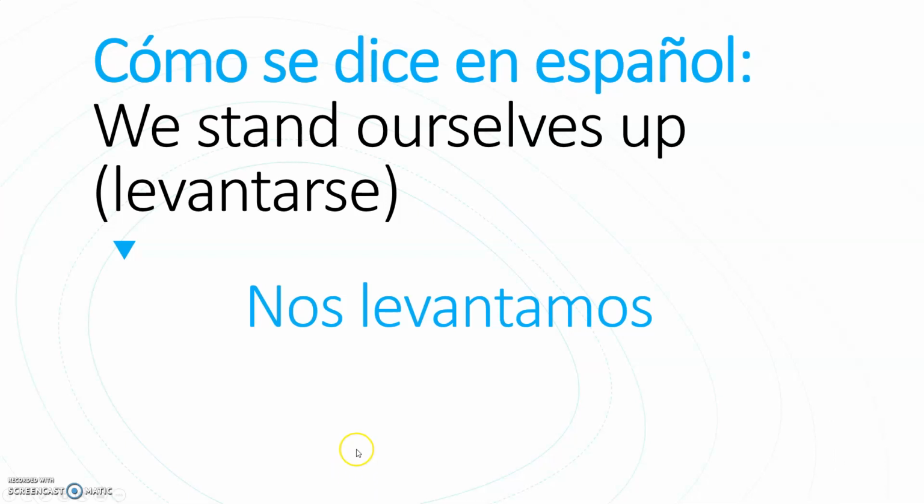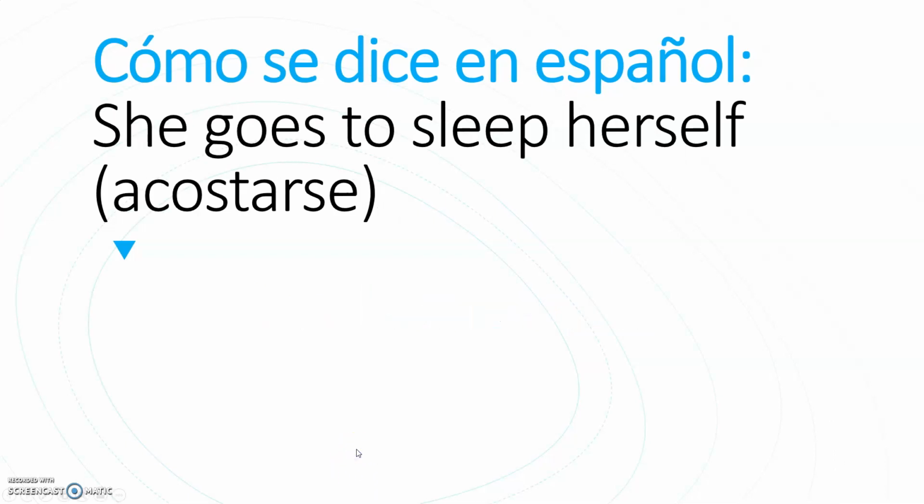Nos levantamos. Oh, I lied. There's a bonus one. This is also a stem-changing verb, so it's a little tough. ¿Cómo se dice en español, she goes to sleep herself, or she goes to bed herself? Acostarse. All right, this one is se acuesta. Se acuesta.